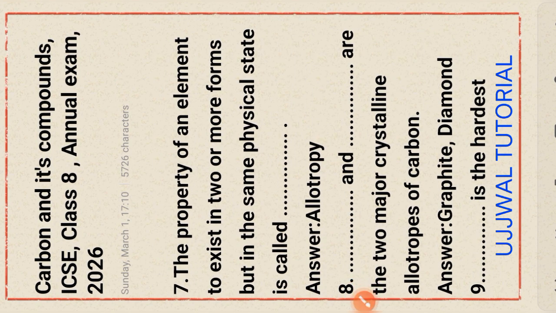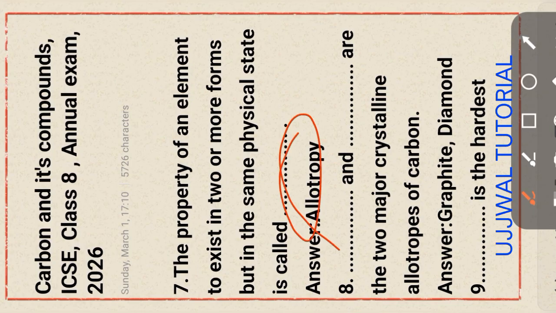The property of an element to exist in two or more forms but in the same physical state is called allotropy. Next question, dash and dash are two major crystalline allotropes of carbon, that is graphite and diamond, and another crystalline form is fullerene. But here the major crystalline forms are graphite and diamond.